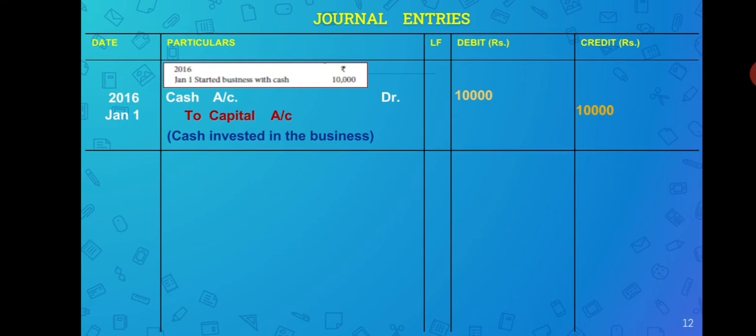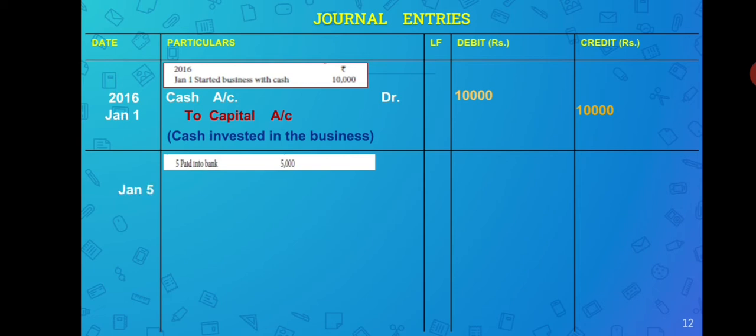The second transaction is January 5th paid into bank 5,000. Now here you have to identify the two accounts. Paid into bank, so there is an account called bank. When you pay into bank you are paying cash. Now there are two accounts, bank account and cash account.